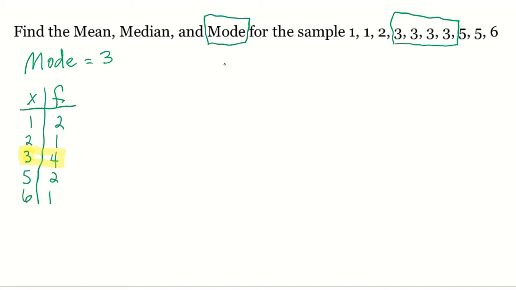And that corresponding value is going to be your mode. So both of these are giving me a mode equals 3. Okay. So that's how you're going to solve for mean, median, and mode when they give you a sample where it's all listed out.